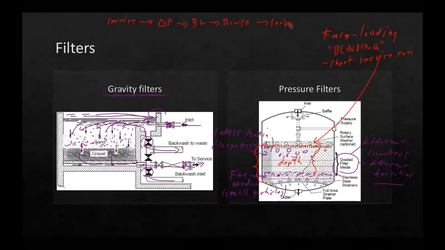So that's a service run. And what we'd like to do is maximize the length of the service run. And we cannot maximize the length of the service run if we are continually blinding and face loading the filter. What we want is for the particles that come in with the influent to actually penetrate the bed.